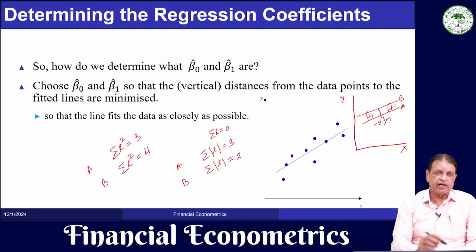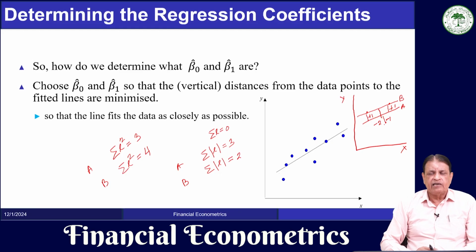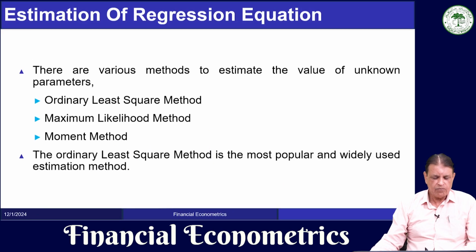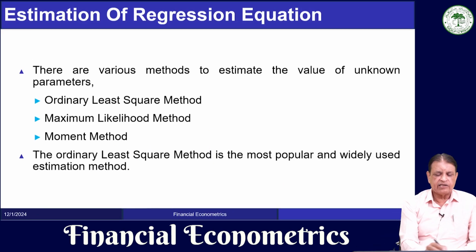So it means that minimizing the sum of the squared error is the more appropriate method, and we are going to take up that line which makes the sum of the squared error least or minimum. This is what we call the least square method. So this is the ordinary least square method.